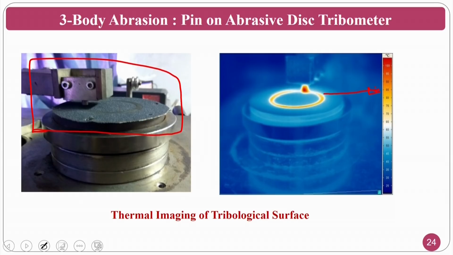This is the temperature of the pin, and this is the temperature of the track. Your pin is situated here. This is about the 3-body abrasion as well as the temperature measurement.